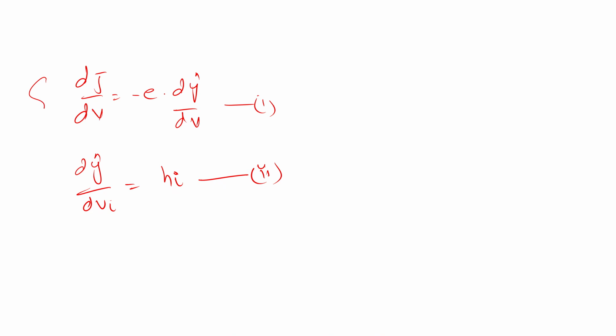Now these two equations are really important because we will be using gradient descent, and for gradient descent we know that for any weights, let's say v, v new is equal to v minus eta dJ by dv.